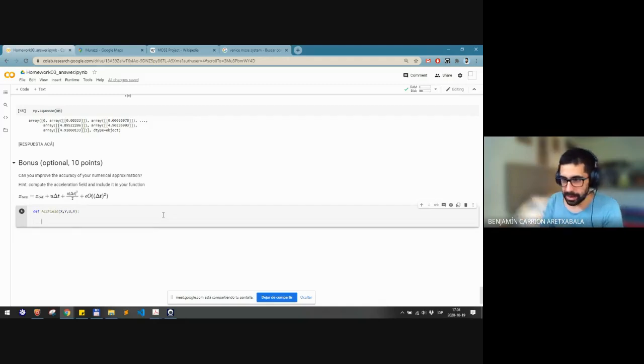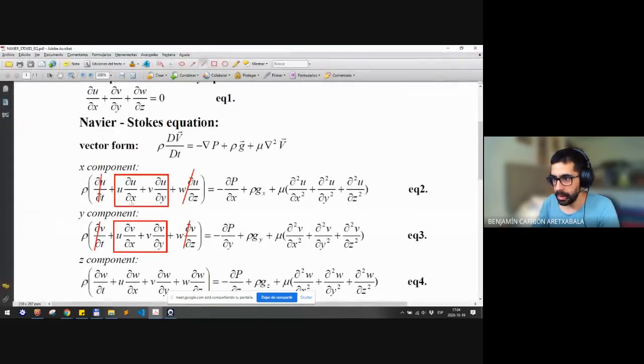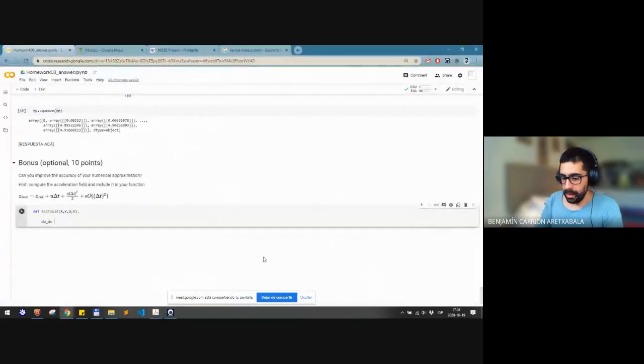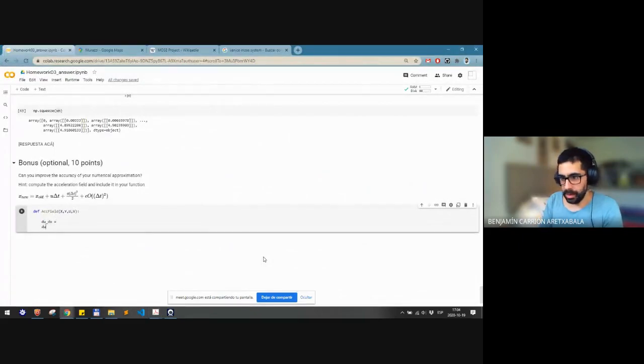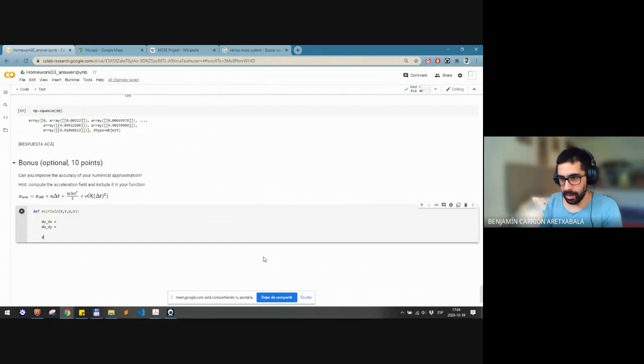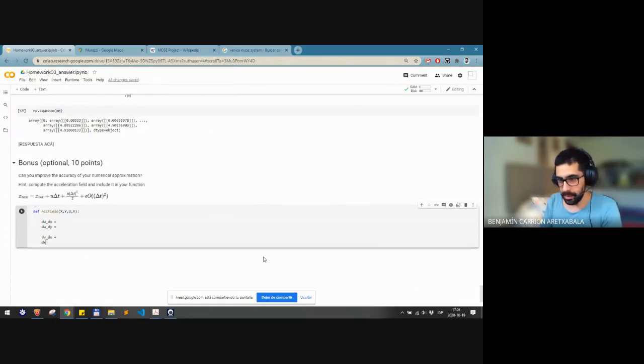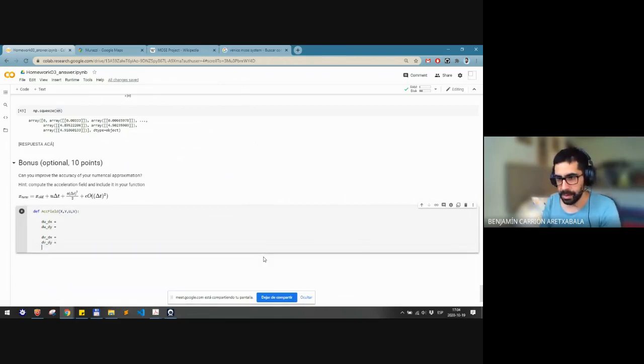So what we need is du over dx here. We need du over dy. Then later I'm just going to write that down. We need dv over dx. We need dv over dy. Let's say we have those.